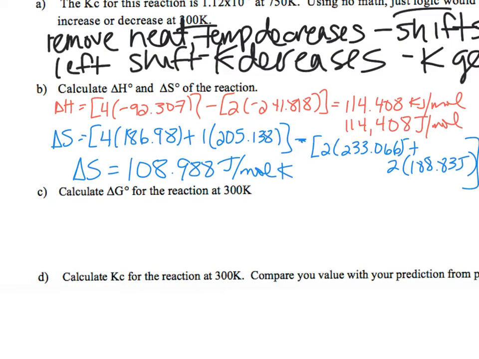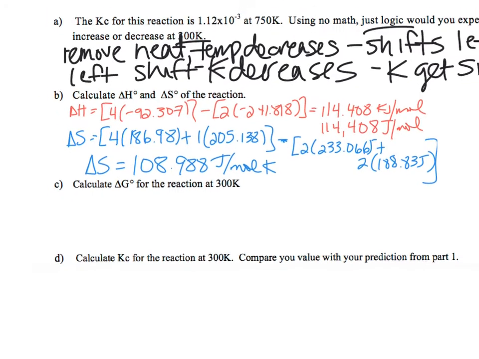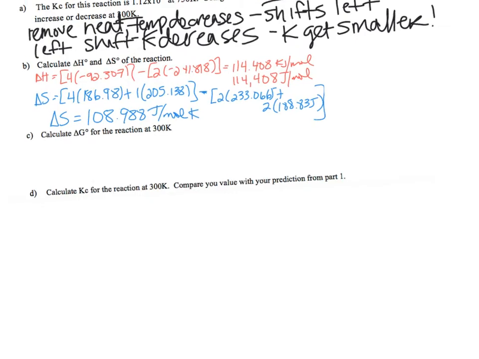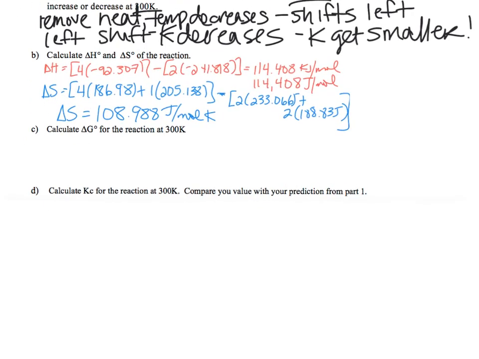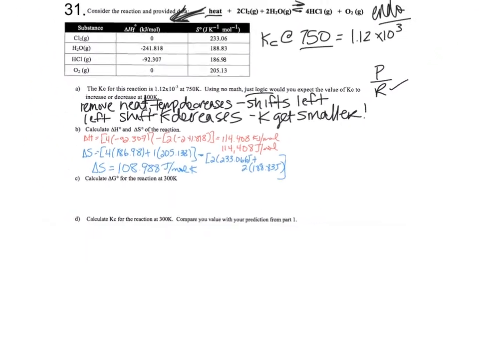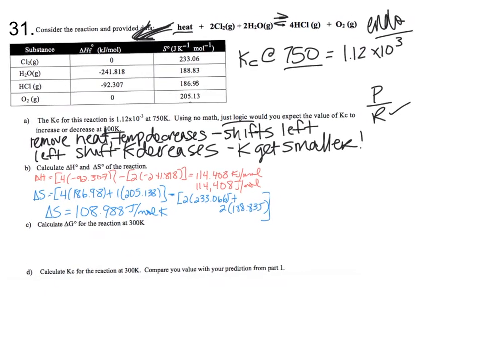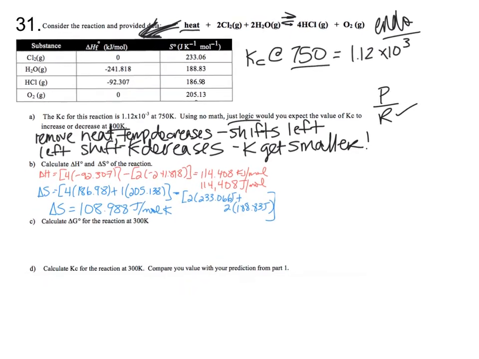All right, so now I have both of those values. Next part of the question says, calculate delta G. So now we're going to plug that stuff into Gibbs, right?